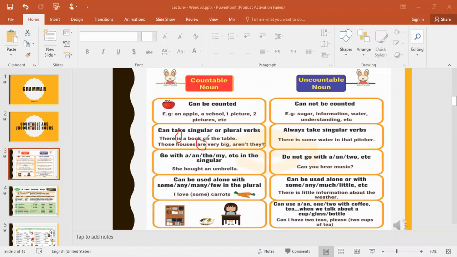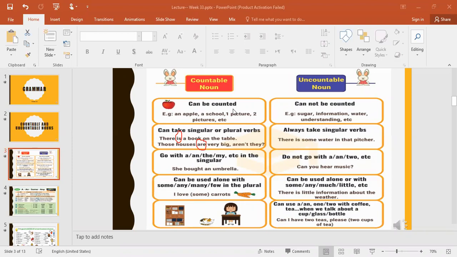These are verb to be verbs. Is is a singular verb or a plural verb? Singular. And are? Are is a plural verb. Okay, great.